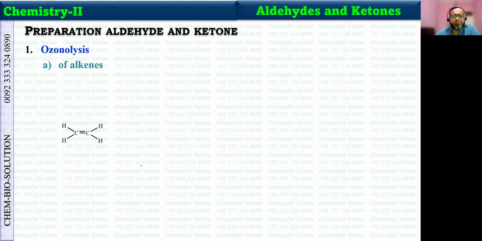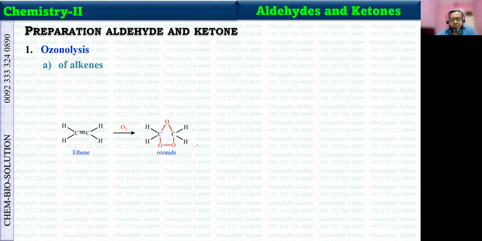Ozonolysis of alkenes. Alkene has a carbon-carbon double bond, and it can be oxidized by ozone. So this is one of the oxidation reactions, but it occurs in two steps. First, the ozone is added to this double bond and forms this structure that is called ozonide.